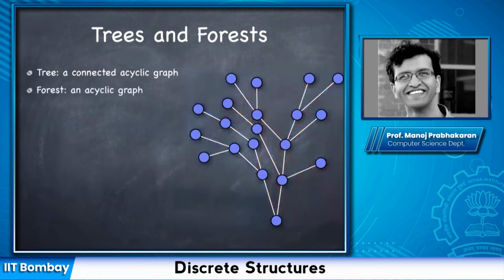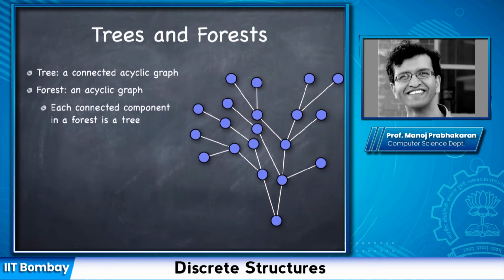And we'll define a forest as a collection of trees. So it is simply an acyclic graph. It doesn't have to be connected. Instead, you can have multiple connected components, each of which is a tree. So each connected component of a forest is connected and acyclic, because there are no cycles in the whole graph.